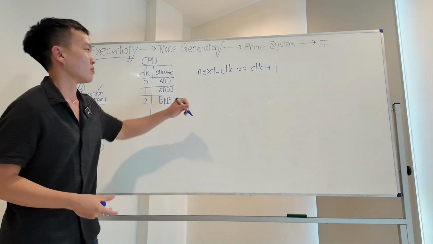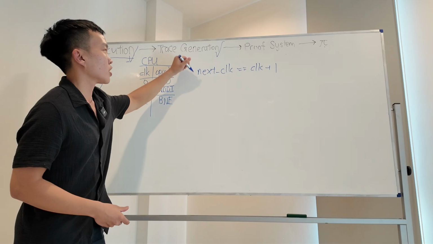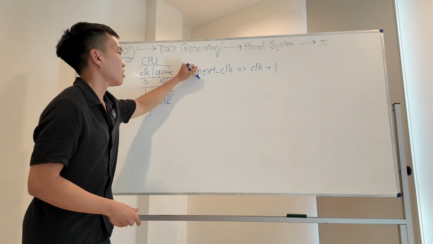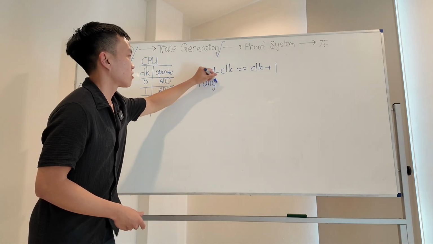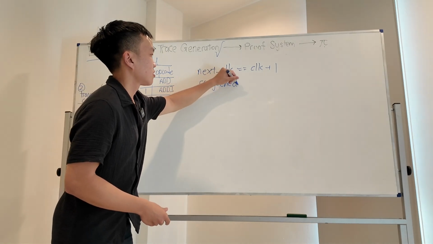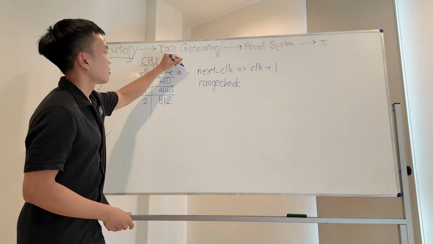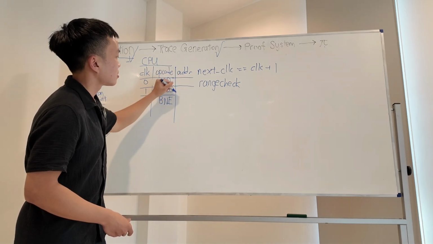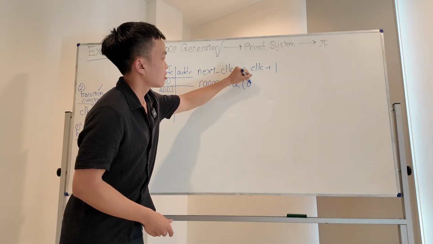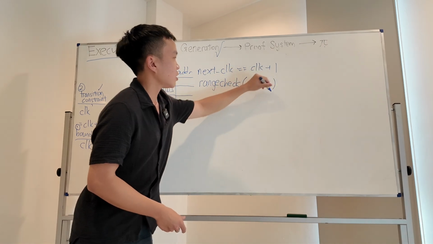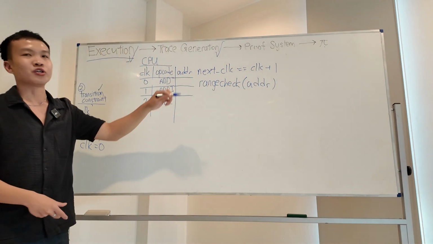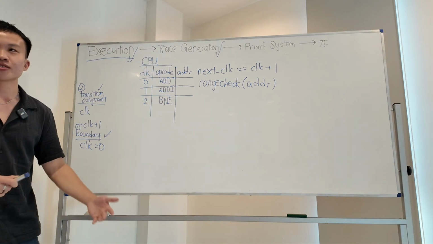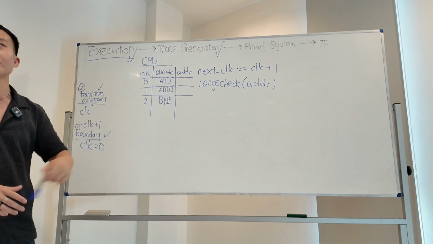In this evaluation function, you can say, hey, I want to range check the address column, let's say. And this would happen for every row in the trace, depending on how you implement it. But you have to write these constraints out for each table.